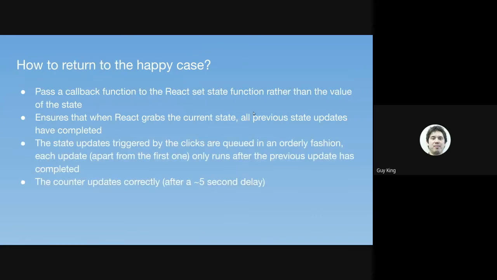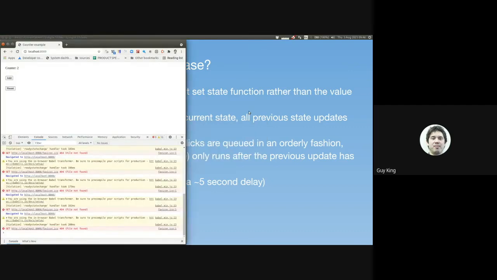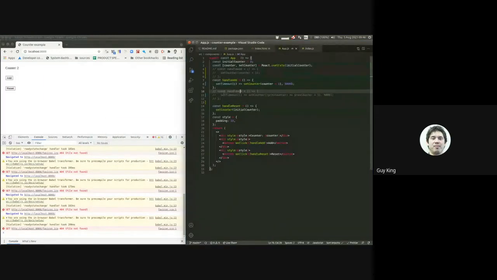Okay, but nonetheless, we're going to ask ourselves the question: well, how do I get back to the happy case, and how do I fix this problem? So in that case, what we can do is, here in this new event handler function, basically the same as the previous one, only now when we pass in our value to our modifier function, we actually pass in this setState callback function here, which does the same thing as we were doing before.